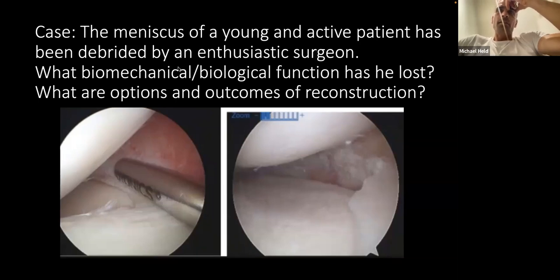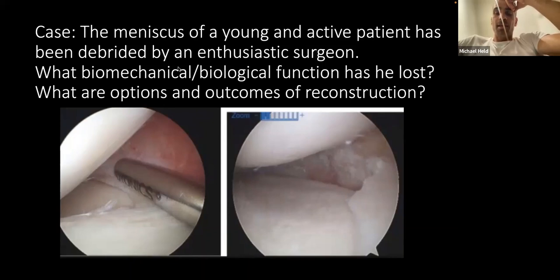So obviously allograft is an option, but when are we using allograft? Meniscal transplants, basically. So it's mainly in a patient that has almost had a subtotal meniscectomy. In those patients, it's very difficult to use a patch.